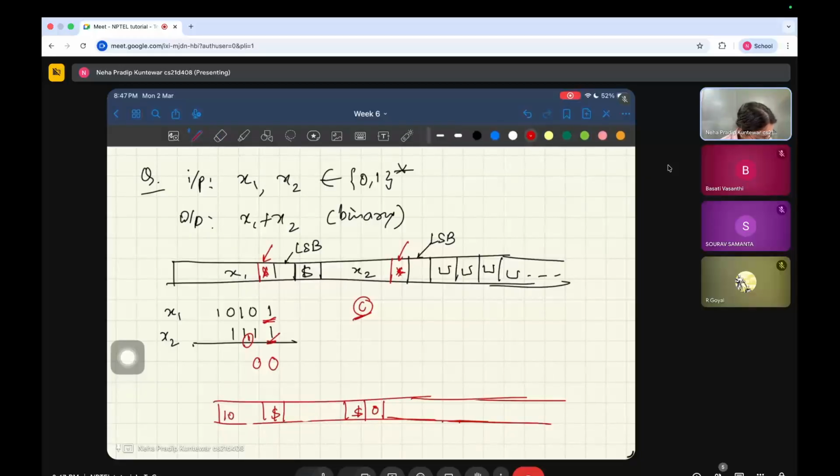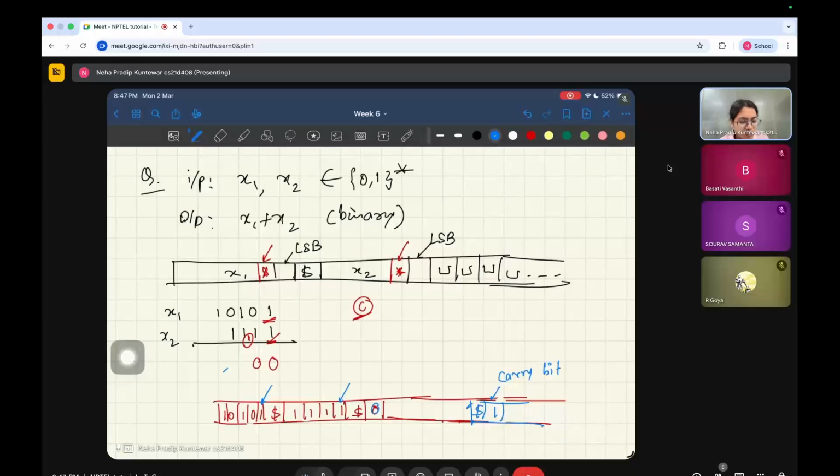1 0 1 0 1 and 1 1 1 1. So you looked at this bit, and you wrote a 0 here, and you are also carrying this carry bit. At this point the carry bit is 1.